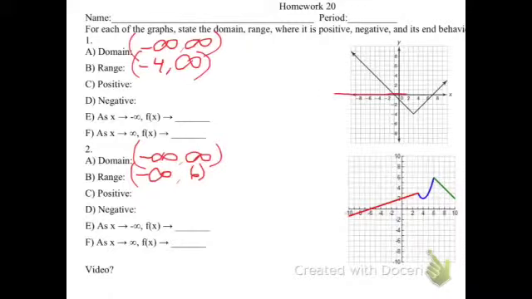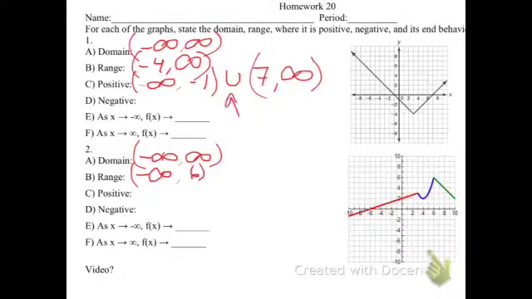Okay, so you're looking at all the way from the left, from negative infinity, all the way up to -1. So from negative infinity to -1, that graph is going to be positive. It also has another part here, which starts up again at 7, and it goes to positive infinity. That was a hideous infinity. Okay, and notice how I put the union symbol there. That says that both of those are part of the answer.